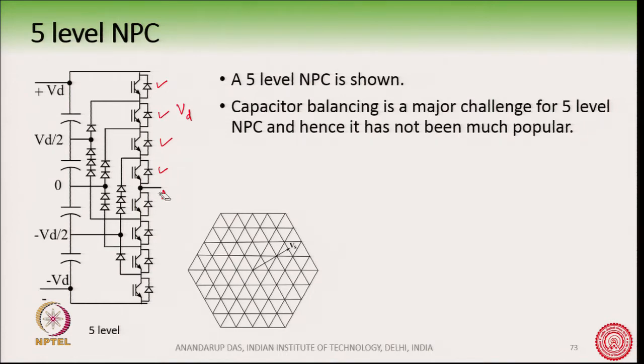Okay. And then in order to get Vd by 2 voltage, what will we do? In order to get Vd by 2, this switch is turned off and this switch is turned on. So, now we have these 4 switches conducting. If the current direction is positive, then the current will flow like this here.